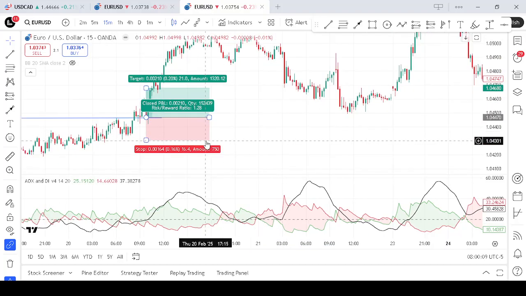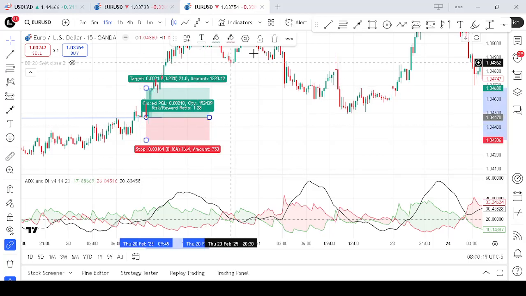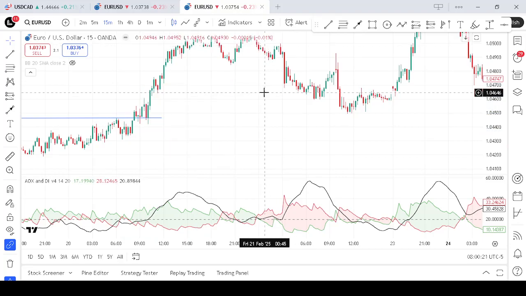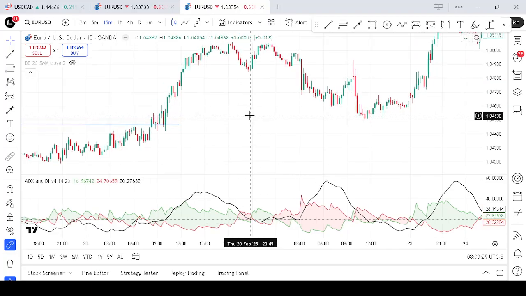Now there are some common mistakes you need to avoid. Even experienced traders fall into certain traps while using the ADX strategy. Here are the three common mistakes you need to avoid making. The first mistake is misinterpreting the ADX value. Remember, the ADX measures the strength of the trend, not the direction.